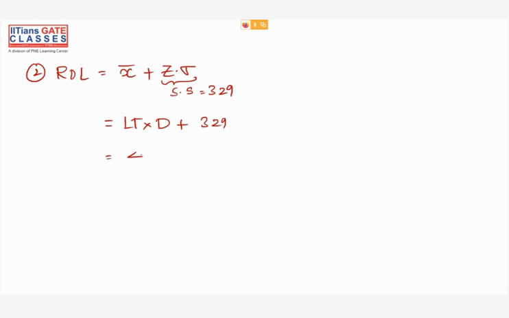He has given 4 weeks, into weekly demand rate of 800, right? Plus 329. So ROL is 3200 plus 329, that is 3529 units. This is your ROL. Simple.